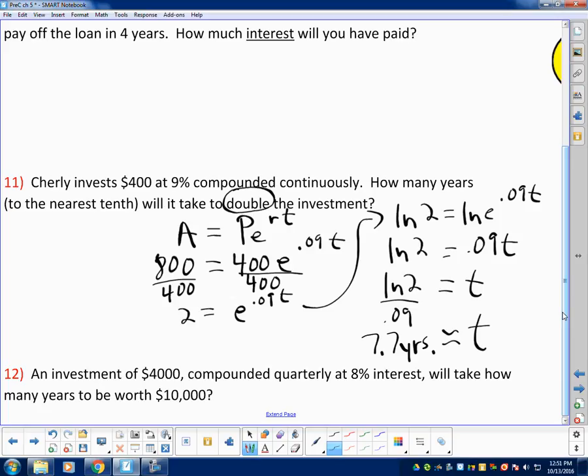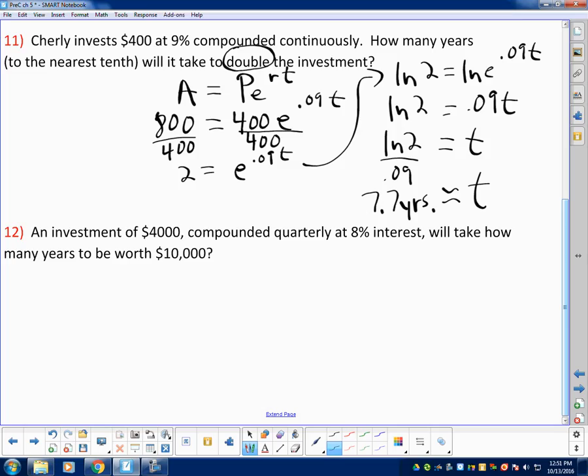Now, number 12 is the same idea, but with the other formula. Okay, so let me write down the formula again. It's A equals P times 1 plus r over n, to the nt. Compounded quarterly, how many years will it take?